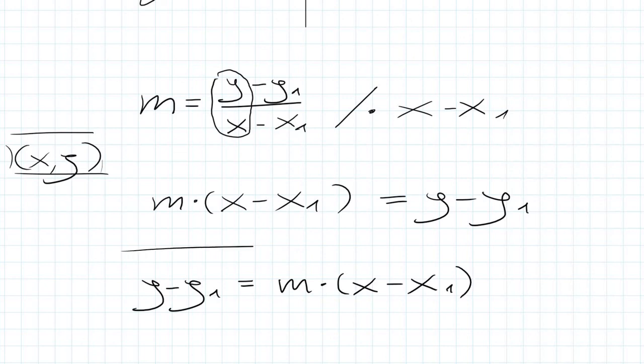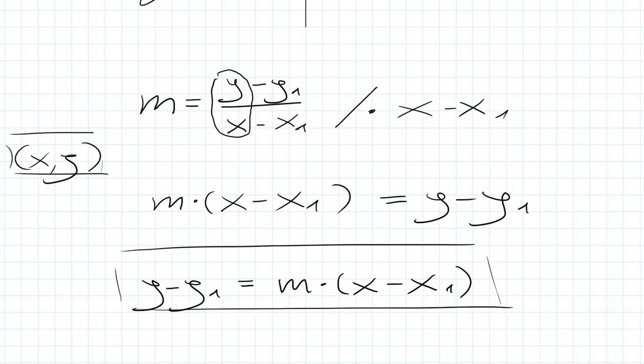And this thing is actually the basic form for the line in algebraic terms, meaning that we can find any point on the line, and of course we have to determine, before we use this equation, the slope of the line. Without the slope, we won't be able to determine some general point.